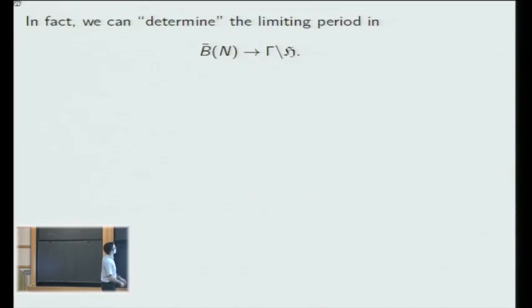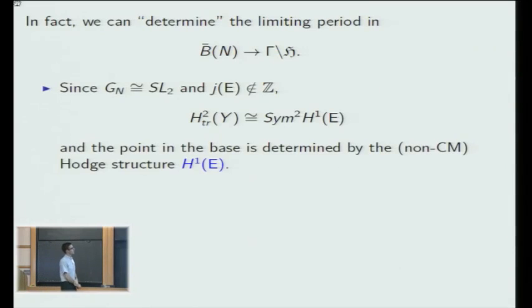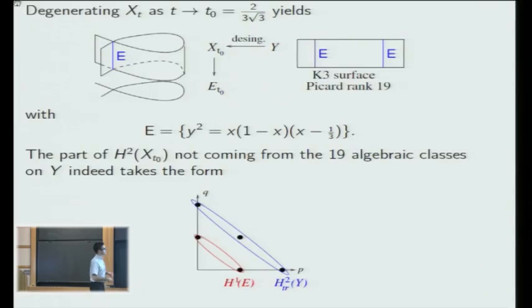And moreover, we can determine the limiting period in B bar of n in the following way. So first of all, there's the boring part of determining the point in H mod gamma. You just observe that if you look at the Mumford-Tate group and you look at the piece that controls the split limit mixed Hodge structure, it's an SL2.